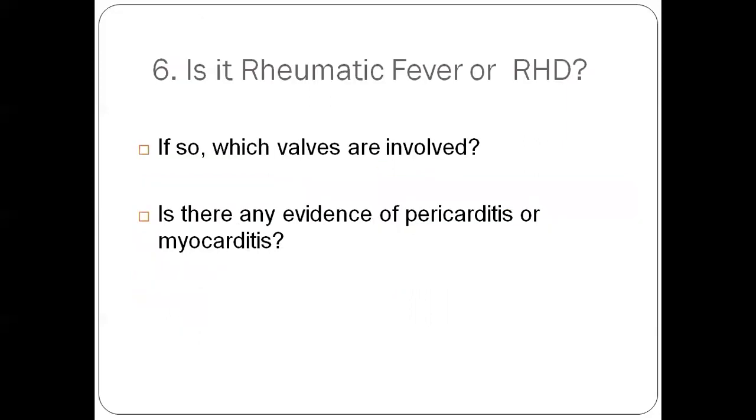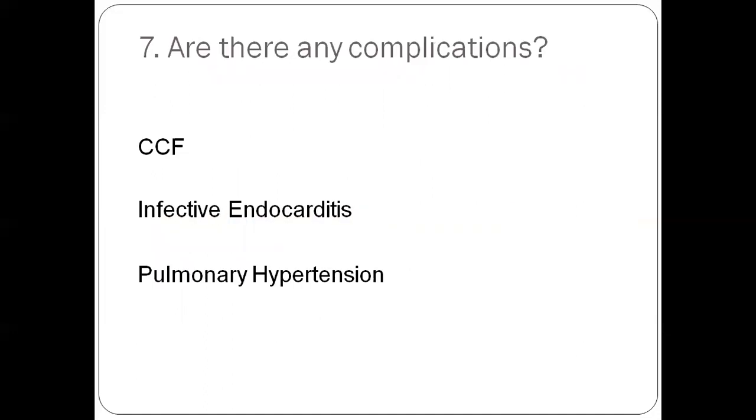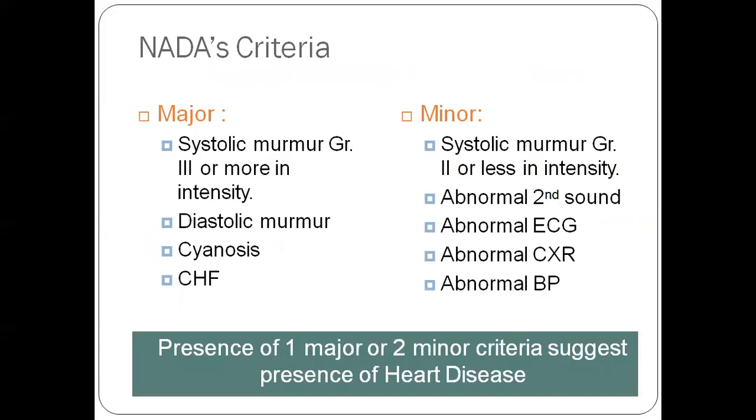So if it is about rheumatic fever or rheumatic heart disease, it involves the valves. Here there is evidence of pericarditis or myocarditis. We also ask about complaints of congestive cardiac failure, infective endocarditis, and pulmonary hypertension. The criteria are based on major and minor criteria for heart disease.